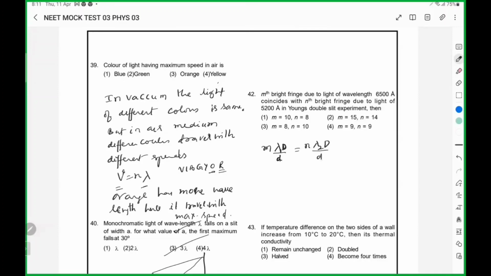So here D by d gets cancelled. m lambda1 is n lambda2. So here it is 6,500 angstrom, the other is 5,200 angstrom. That gives 5m equal to 4n. So which one satisfies? The third. m is 840, n is 10. So the third option is correct.